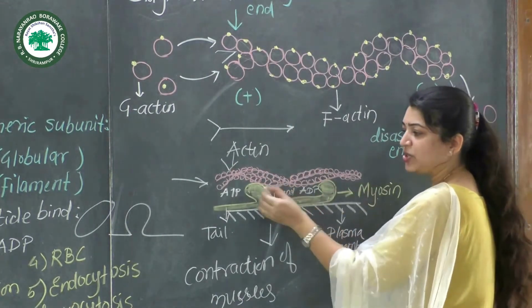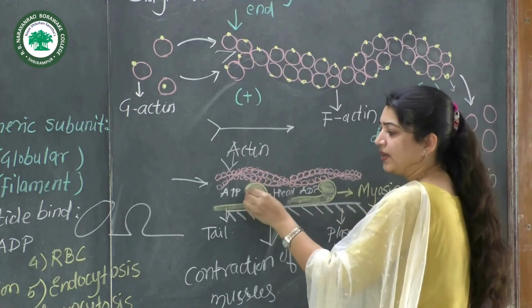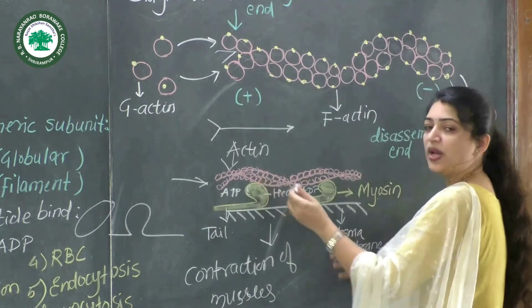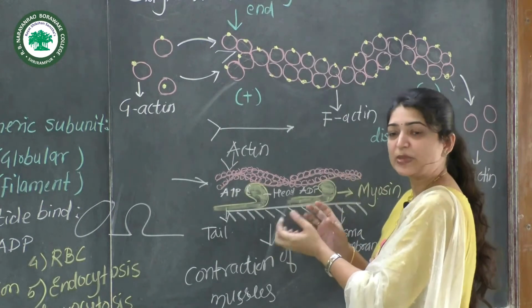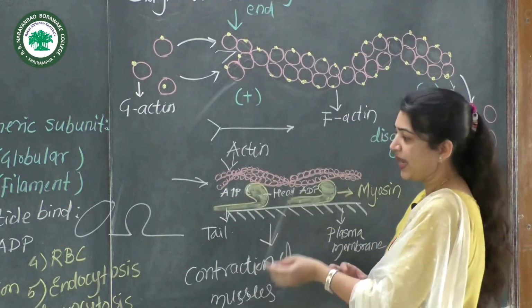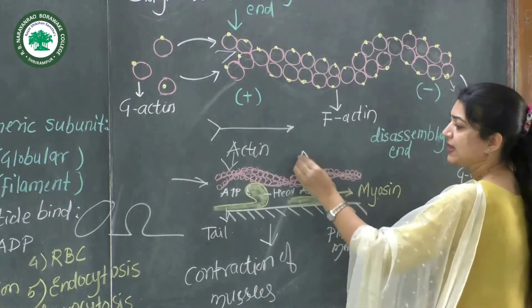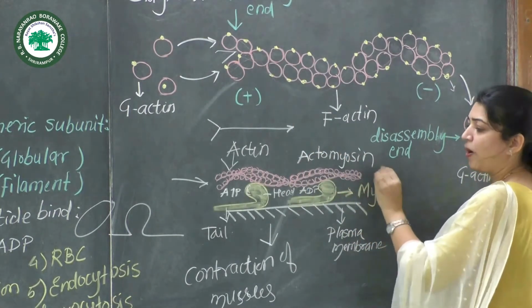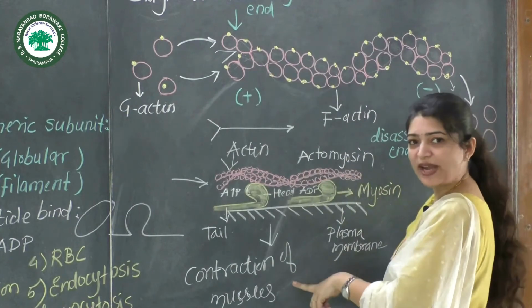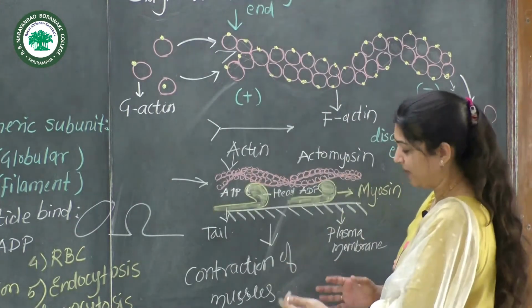Due to this attachment there is phosphorylation, and so the process of contraction and relaxation takes place in the muscle. So this is called the actomyosin complex, which helps in the contraction and relaxation of muscles.